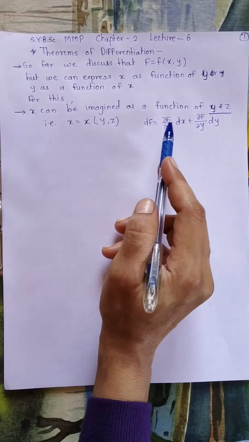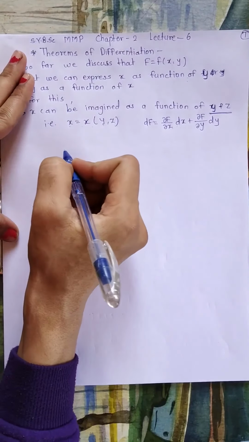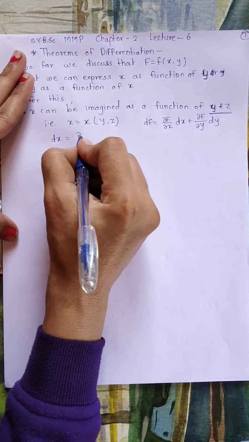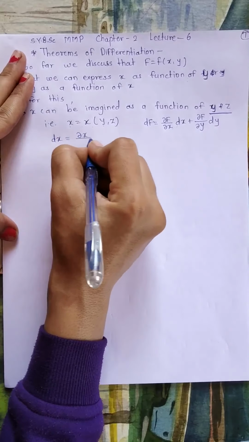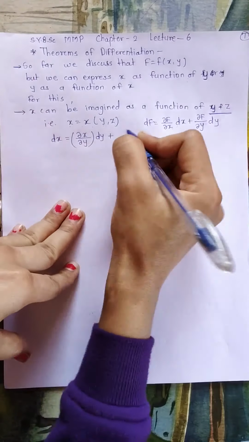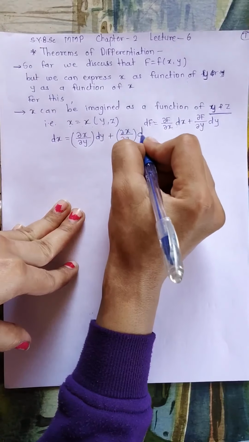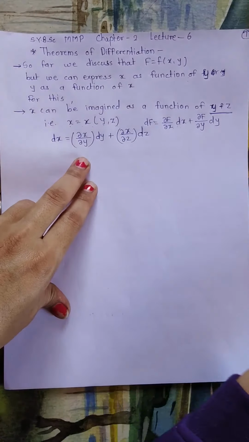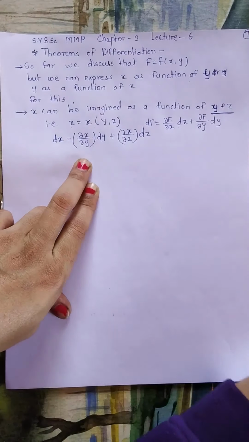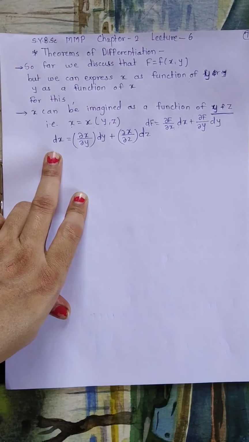So similar to this, I can write the total differentiation of x as dx equals dou x upon dou y dy plus dou x upon dou z dz. This is analogous to the total differentiation, so I can write the total differentiation for x in this way.